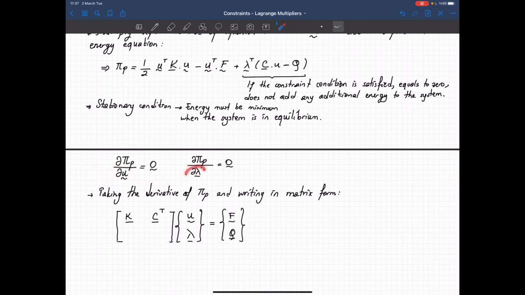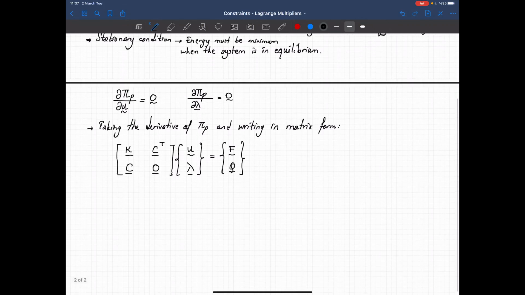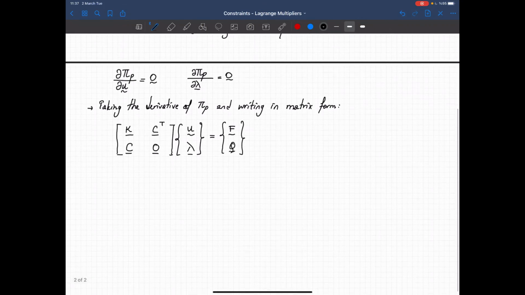Now when I do the same thing for the Lagrange multiplier, I have the following term. I got C here, 0 here, and Q here. So this is the new system of equations, and we will be solving the system of equations for both U and lambda.